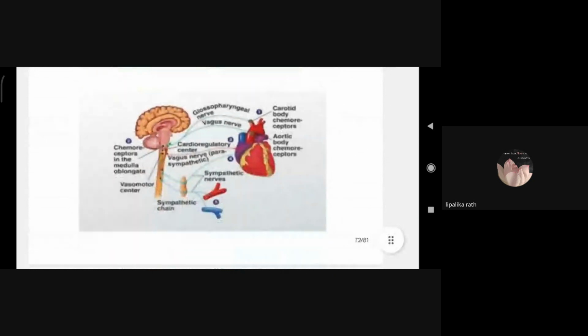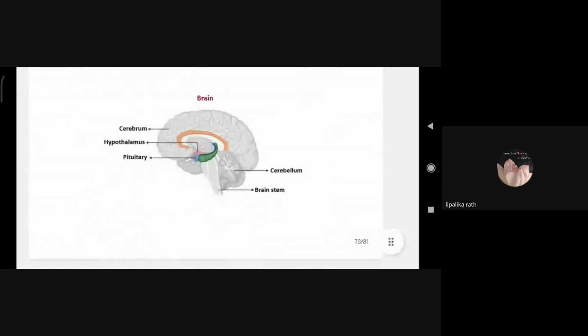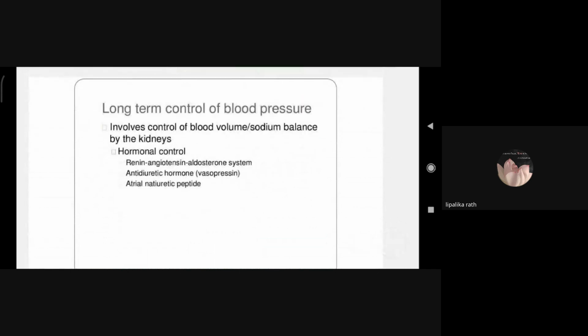These are a bit difficult. Yes, this thing we have already discussed, that the kidney releases three hormones. Renin is one of them. So the renin, angiotensin, aldosterone system regulates blood pressure.